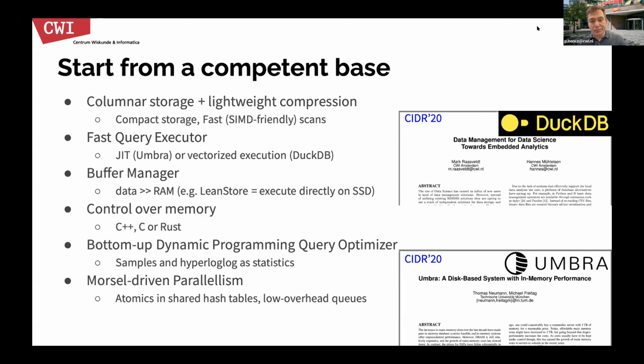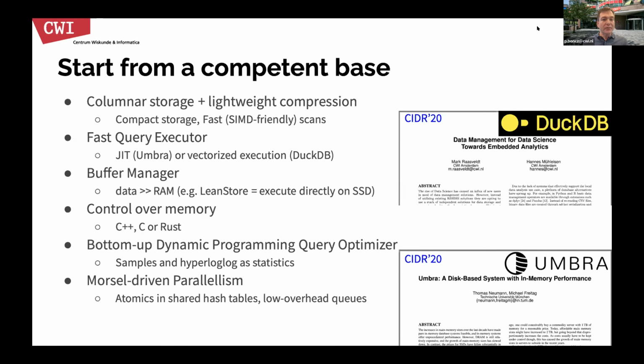So maybe base yourself on Umbra. Regrettably, Umbra is not open source. If you send a nice mail to the TU Munich, they may give you a binary, or you go for a vectorized executor. So at CWI, we are building an embeddable analytics database called DuckDB that is open source and that you can easily build on.